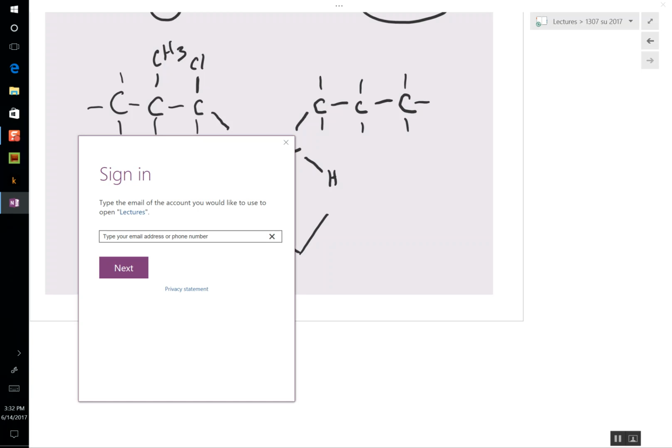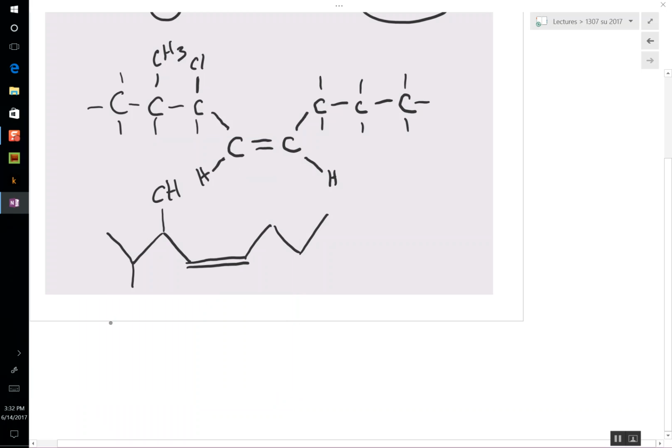Condensed. I got the line in the way here, but if you look up above there, you got this.